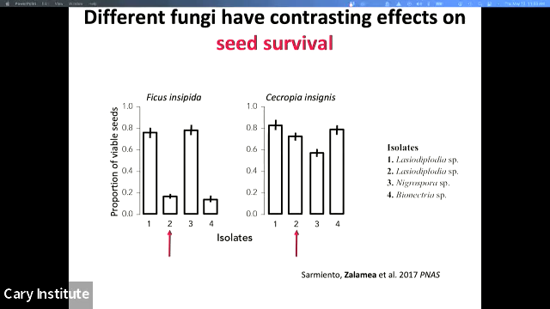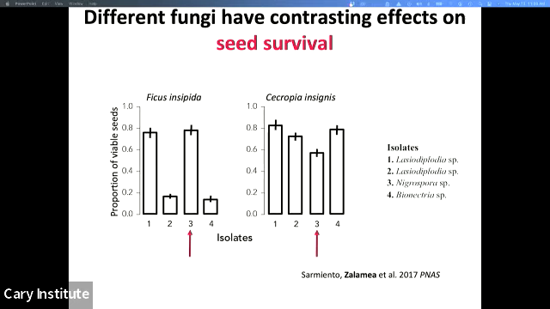That was true for Ficus insipida, and it was also true for Cecropia insignis. But when we compare those two species of seeds, we see that, for example, isolate 2, which was killing over 80 to 85% of the seeds of Ficus insipida, only killed about 25 to 30% of seeds of Cecropia insignis.